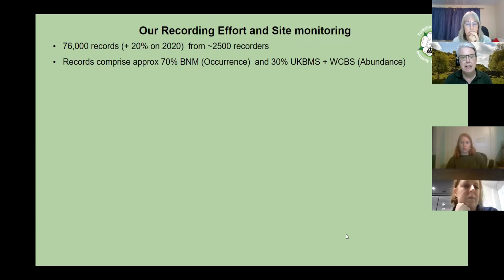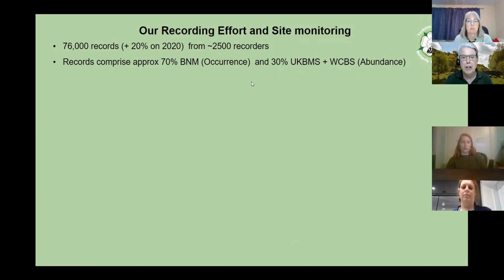So around about 70% of our records are occurrence records, and go into what's known as the Butterflies for the New Millennium, which is a very high number, and 30% of the figures are what we're talking about tonight.